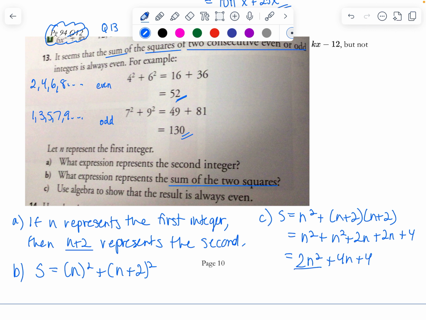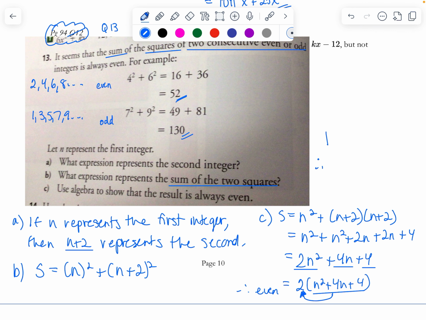Now, I have 3 terms here, and it must be true that each of these is even, and when I add them together, I'm going to get an even answer. Or a better way to think about it is, no matter what n is, as long as it's an integer, whatever this is, it's being multiplied by 2, so the result will always be even.